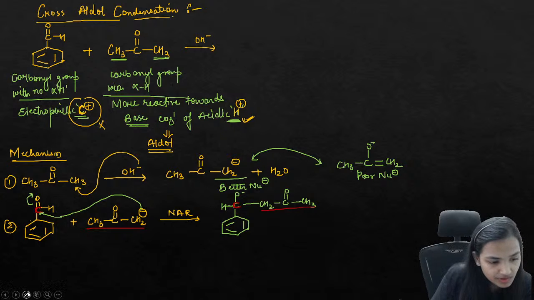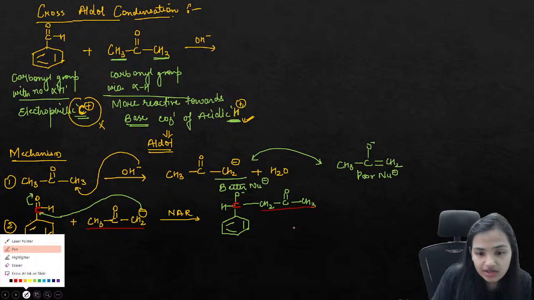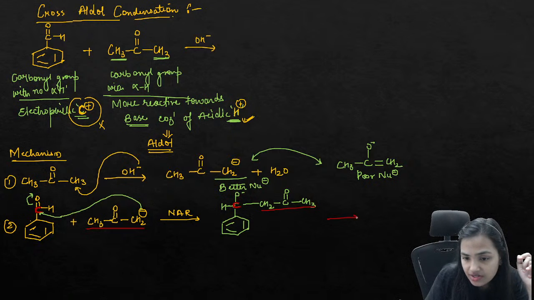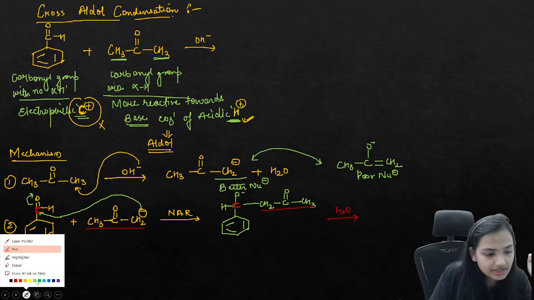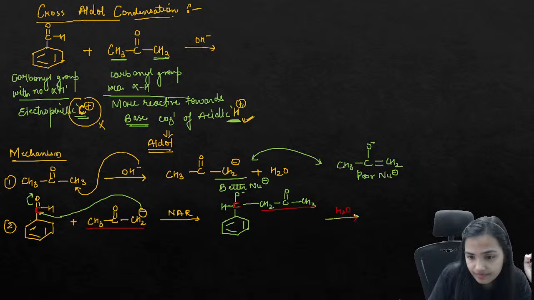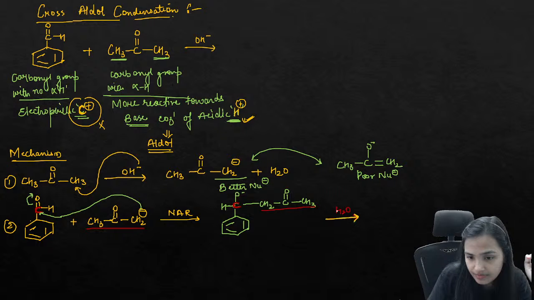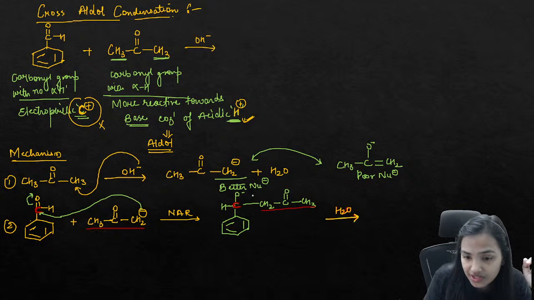Clear? Ultimately, this particular species is attacking this carbonyl center. Now, if we have this as a product and the reaction is in the presence of water, ultimately what I will get is this, which will abstract the acidic hydrogen from it.